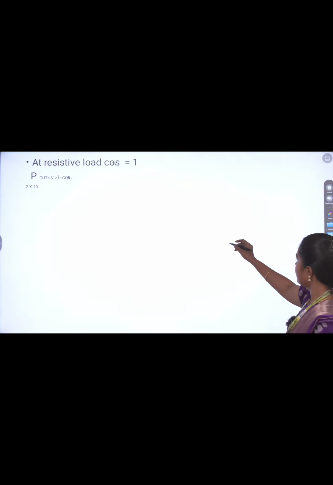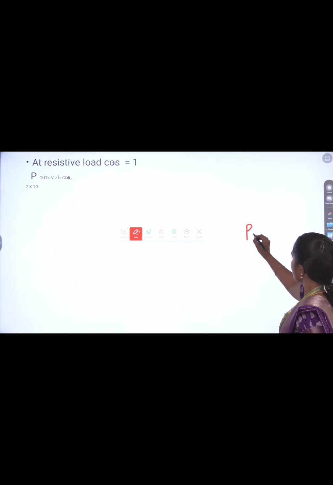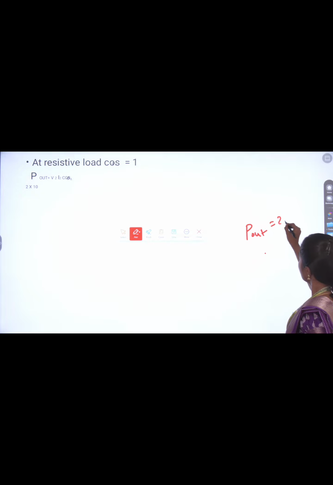So what is the given data? Output power is 2 into 10 power 3 watts.